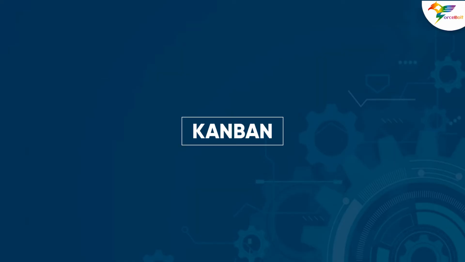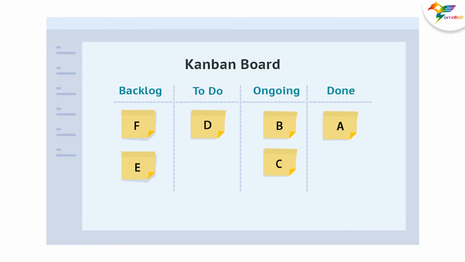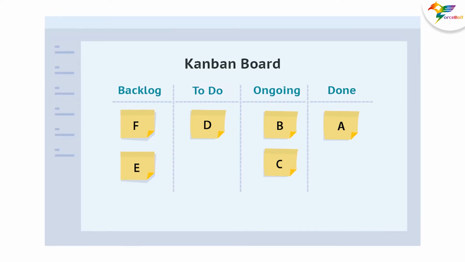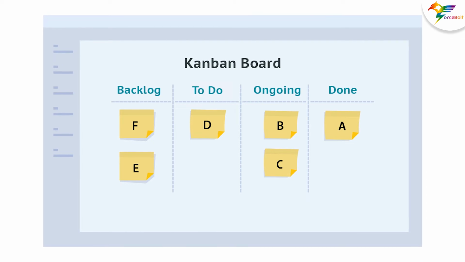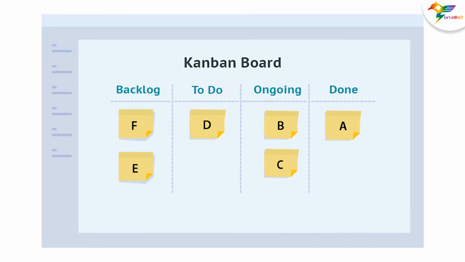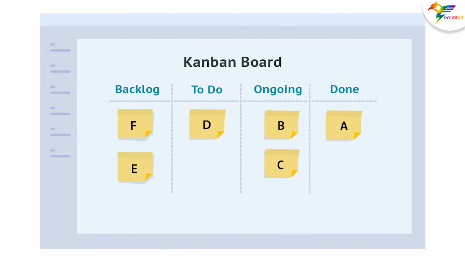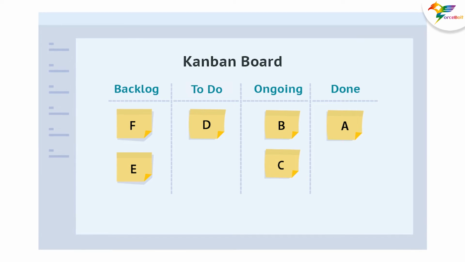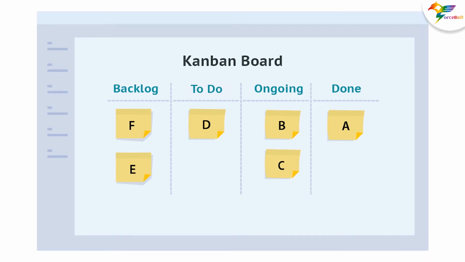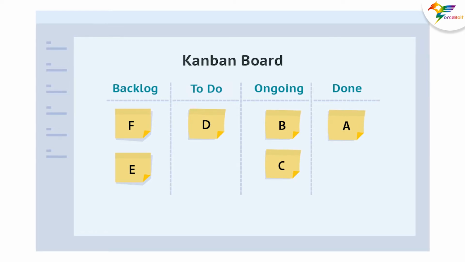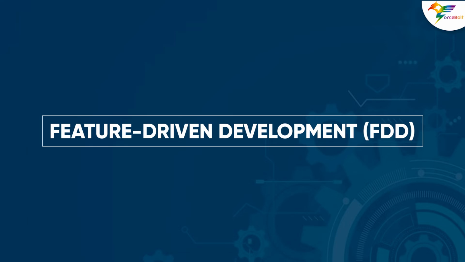Second, Kanban. Kanban is a simple visual project management tool that allows teams to see past and future progress. Kanban projects are primarily managed via a Kanban board, which divides tasks into 3 columns: to do, doing, and done.